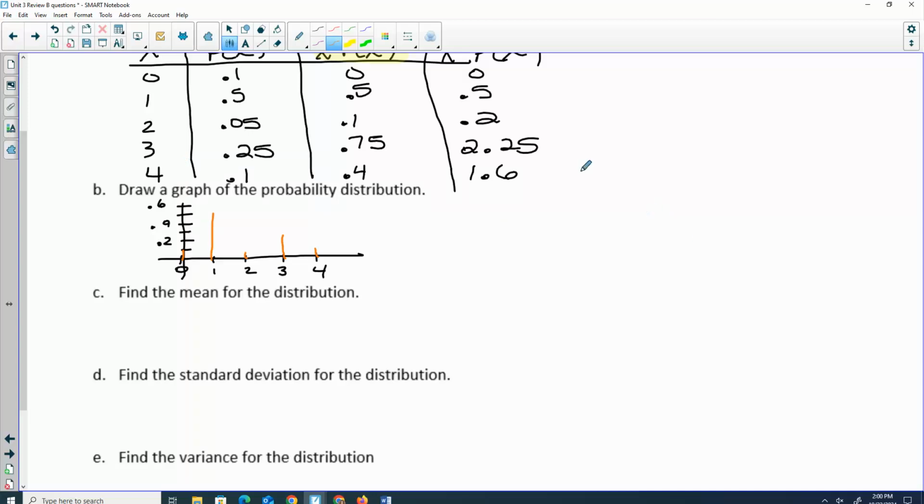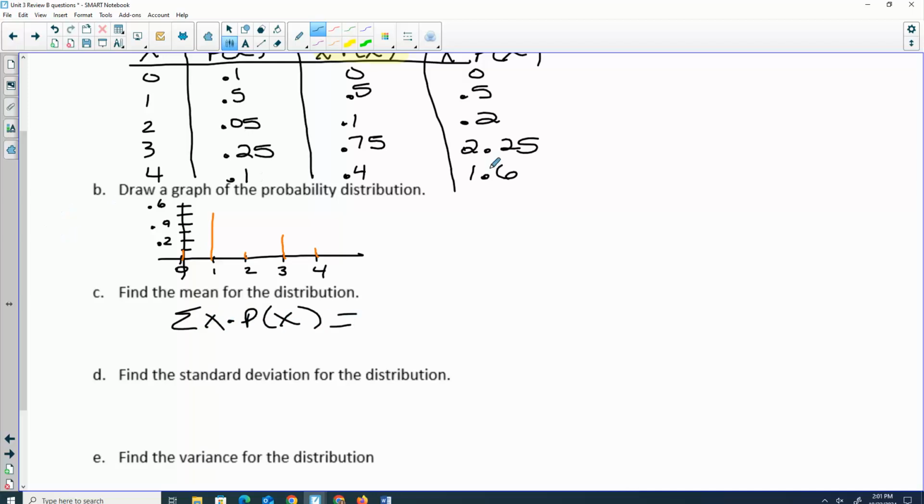Sometimes I ask you to describe the shape. I didn't here. If you had to, how would you describe it? Skewed right. We have more points to the right here. Okay, find the mean. If you don't remember, look at your formula sheet. If we're talking about a probability distribution, that's the mean or the expected value. It's just the sum of the x times p of x.